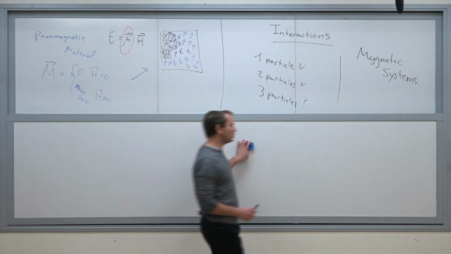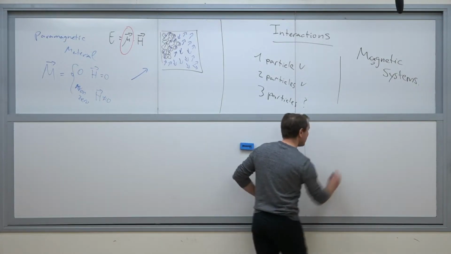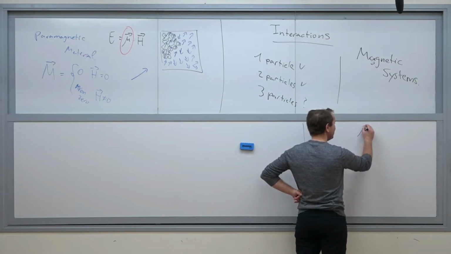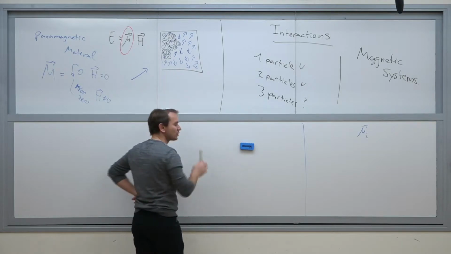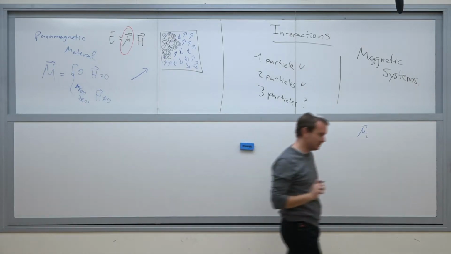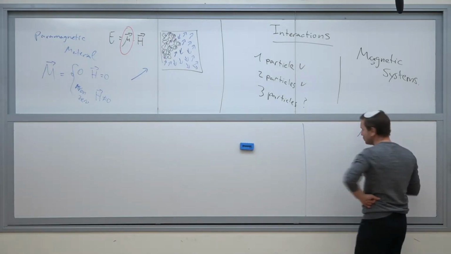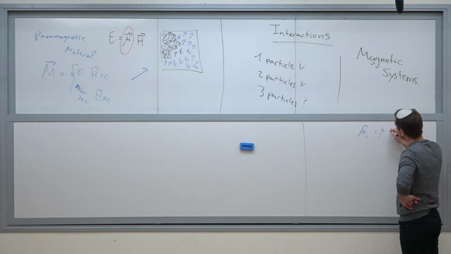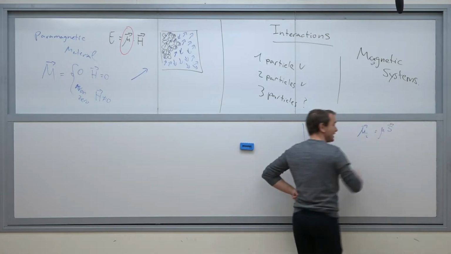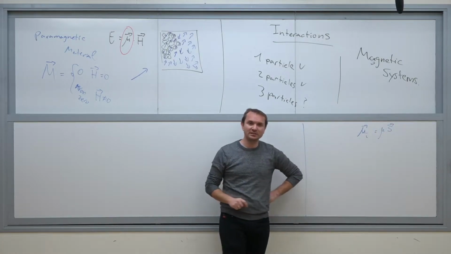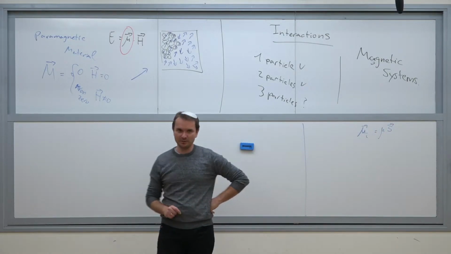What do I mean by total magnetization? We can look at the magnetization of a specific part of our material, a specific charge or atom, and we'll call it mu multiplied by S. S is the spin of this specific part.